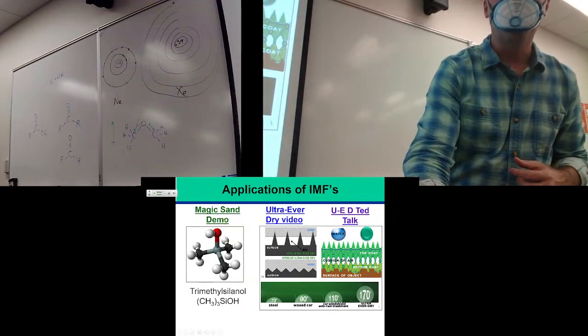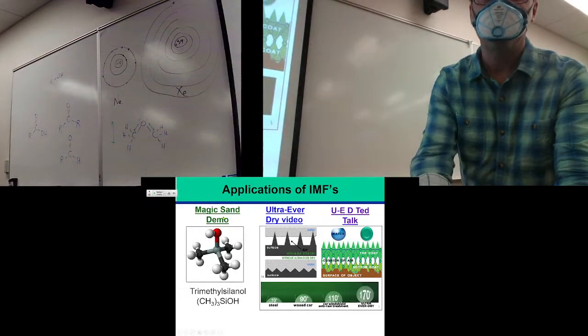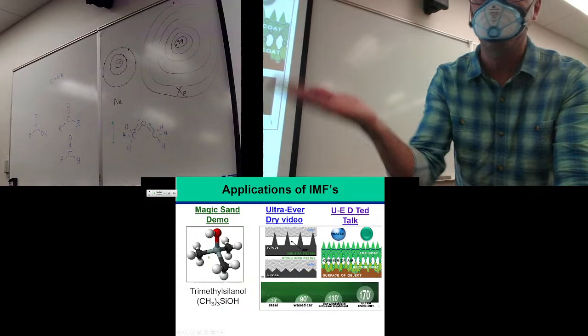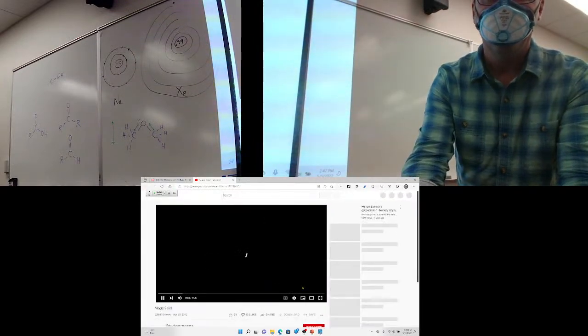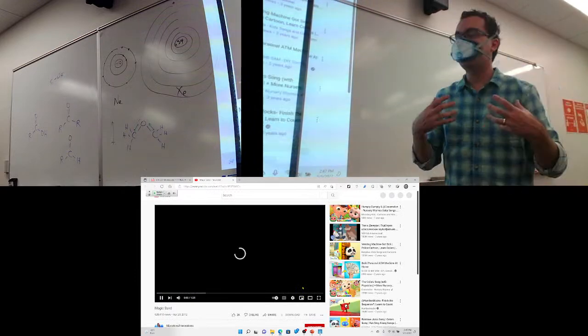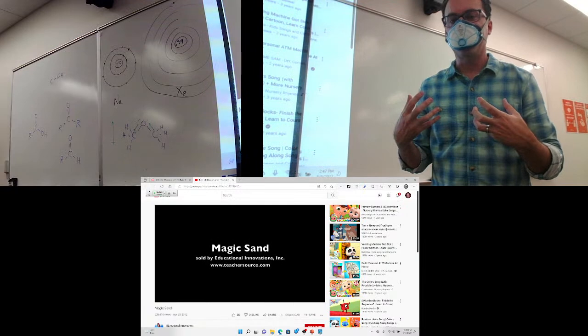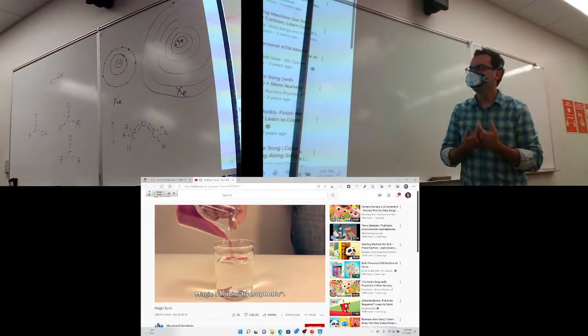These are just basically commercials, but Magic Sand, this is a silicon with 3 methyl groups and an OH on it. It's not regular sand. It's a special compound. And this stuff has such strong intermolecular forces that it only wants to interact with itself.